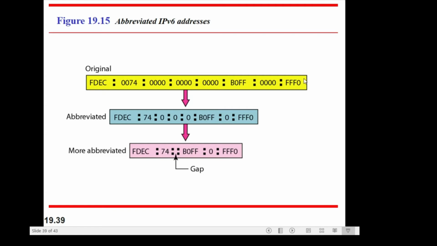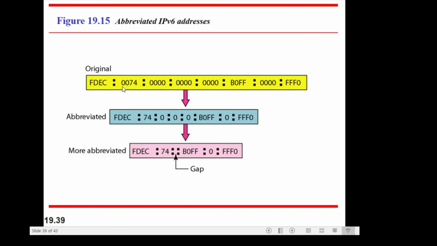Because if you remove this 0, when you convert from hexadecimal to binary, it will give another value. You can only remove 0 if they are all 0 or the 0 is located at the front of the number.